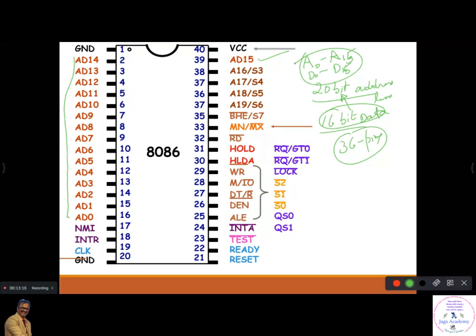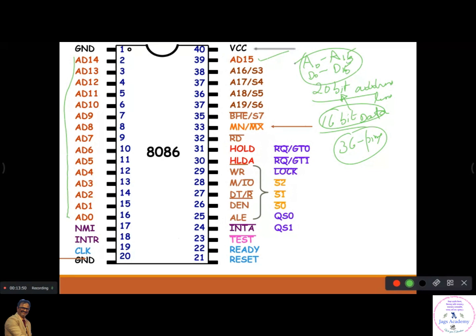That means the microprocessor has to use this particular pin in a shared way, so very carefully it has to use the line. It will be converted to a data line when it wants to transfer data, and to an address line whenever it wants to send an address. The microprocessor does it. There is some control signal which makes this line act as a data line and also as an address line.